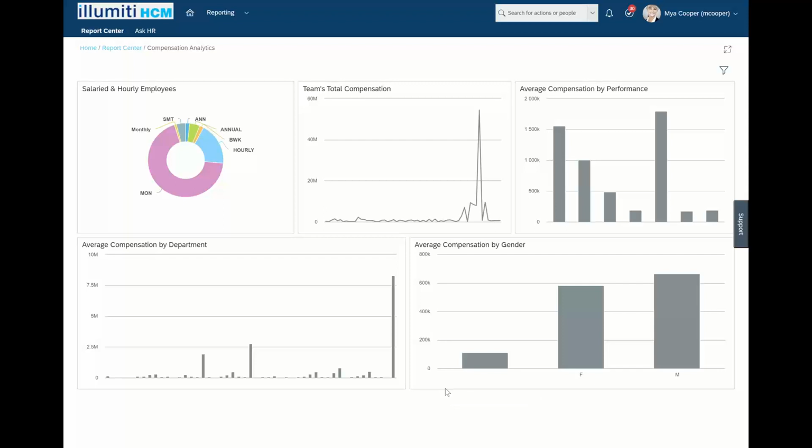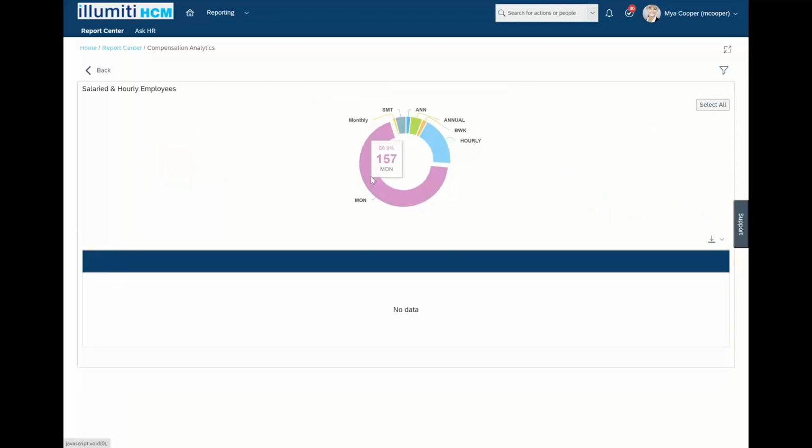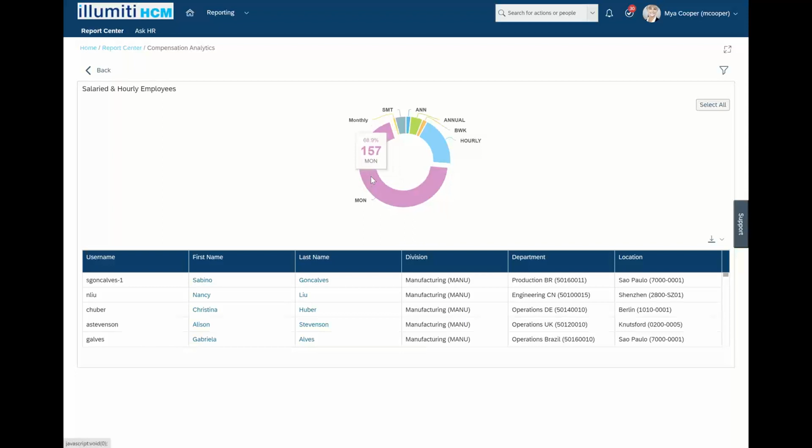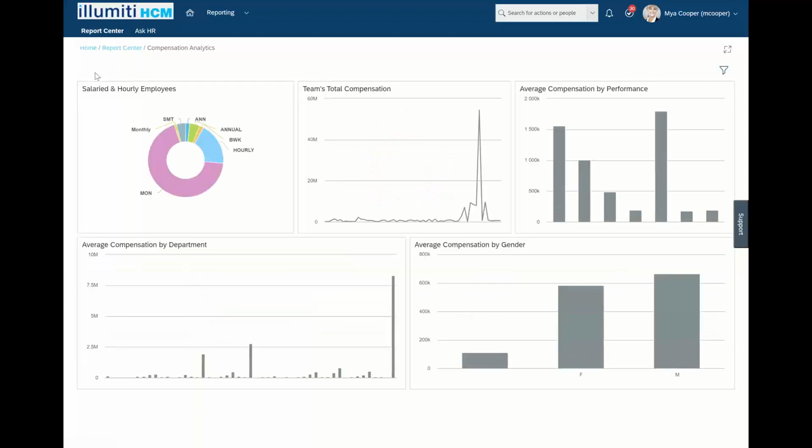Again, all of these dashboards are dynamic, so if I want to go in and find out those specific values, who those 157 monthly salaried employees are, I can drill into that piece and get that bit of information. Again, I have my export button here where I can pull this data directly out of the system into a spreadsheet report. And I can jump back to my overall dashboard here.